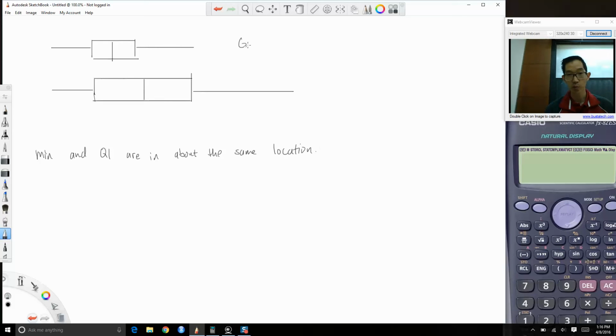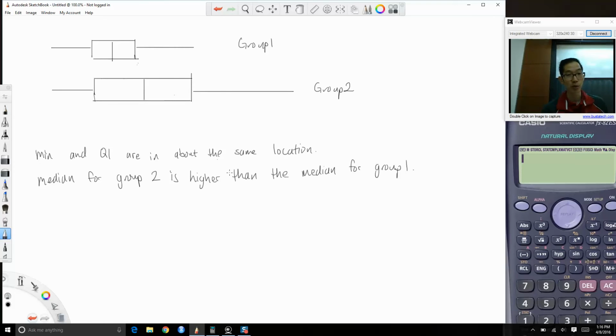So if this is group 1 and group 2, at the lower end the minimum and Q1 are about in the same location, but we see the median for group 2 is much higher. Group 2 is higher than the median for group 1, okay? And in fact, the median for group 2 is higher than Q3 of group 1, okay?